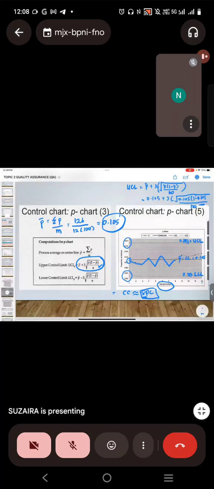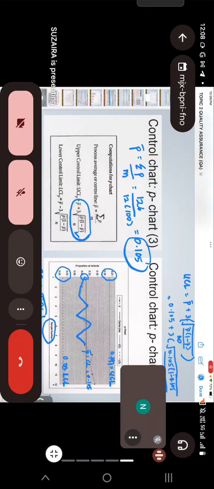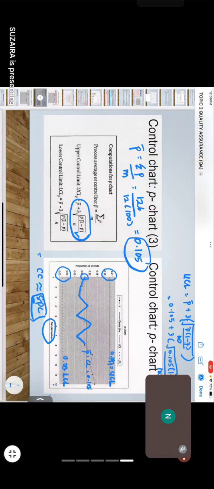So in the industries, we are not going to spend our time to develop the control chart. But in terms of measuring the weight or any variables of the products, we already have software.